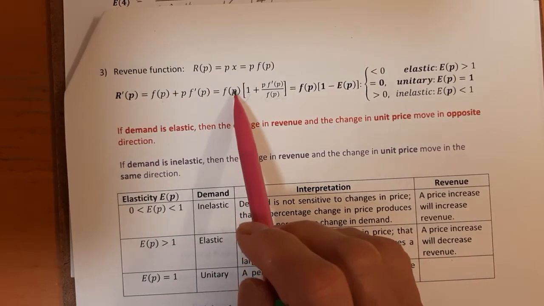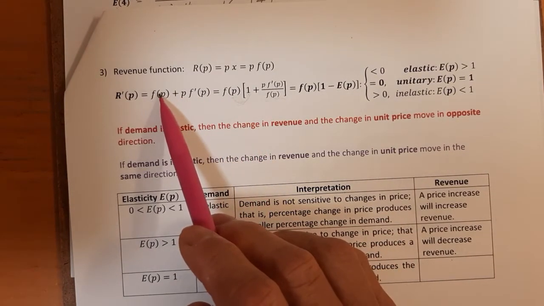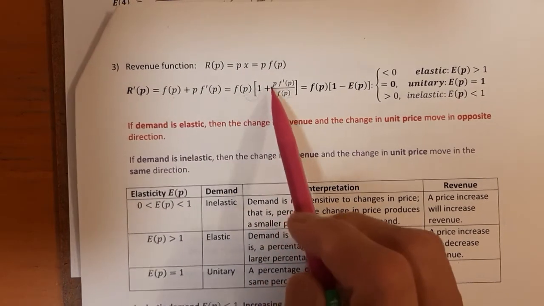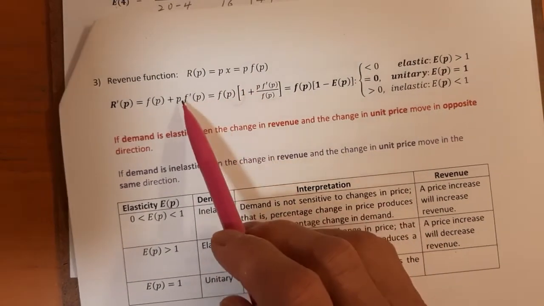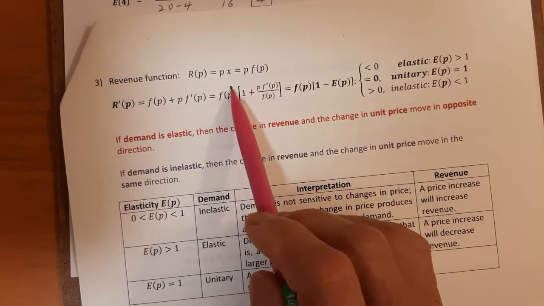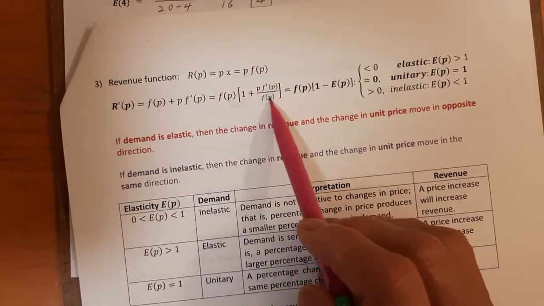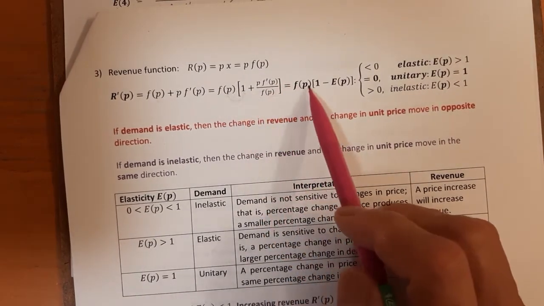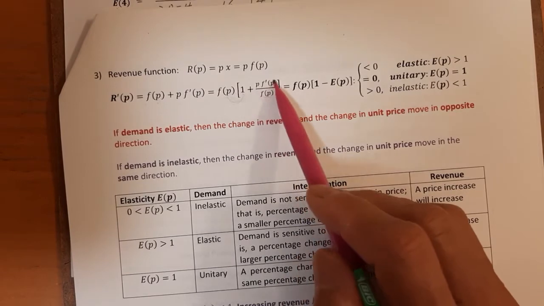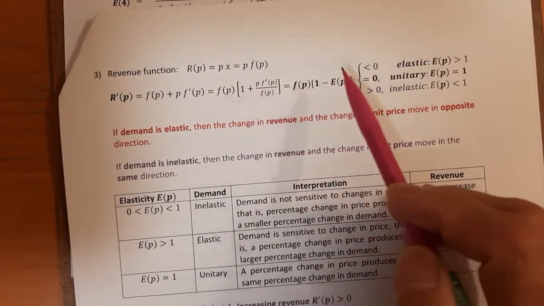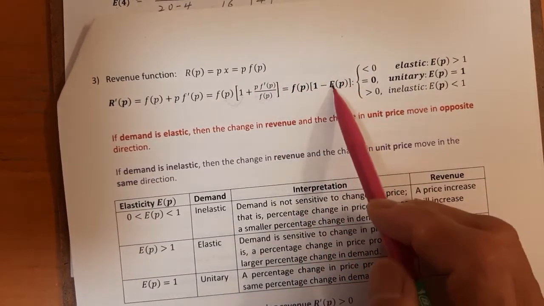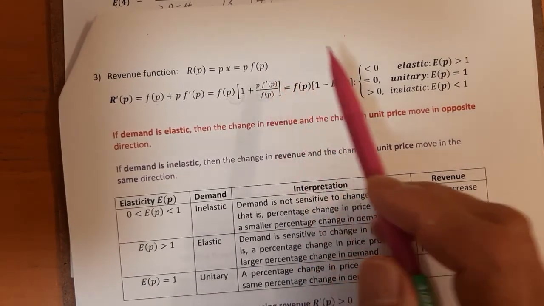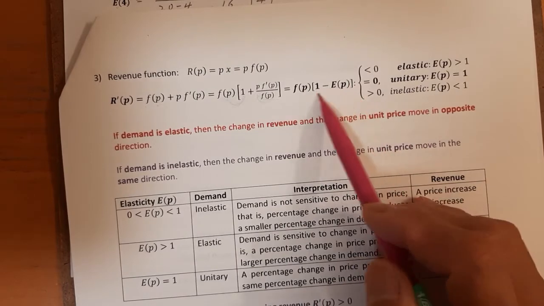Now you factor F of p. F of p divided by F of p, you got 1. And plus, this divided by F of p, you got p times F prime of p over F of p. So we have 1 plus this, and what is this? This is just negative E of p, because E of p equals negative this. So this is equal to 1 minus E of p.